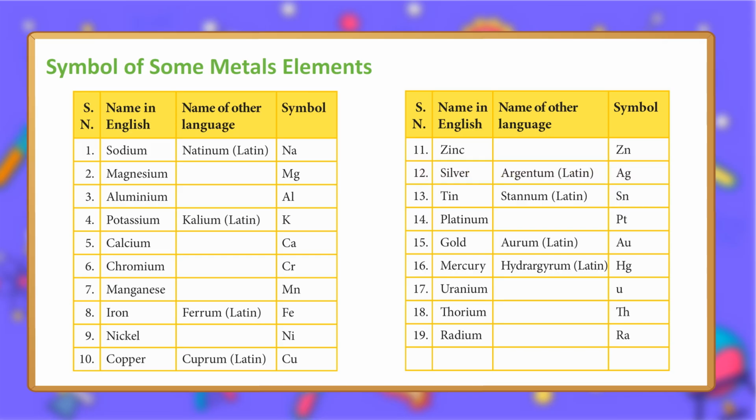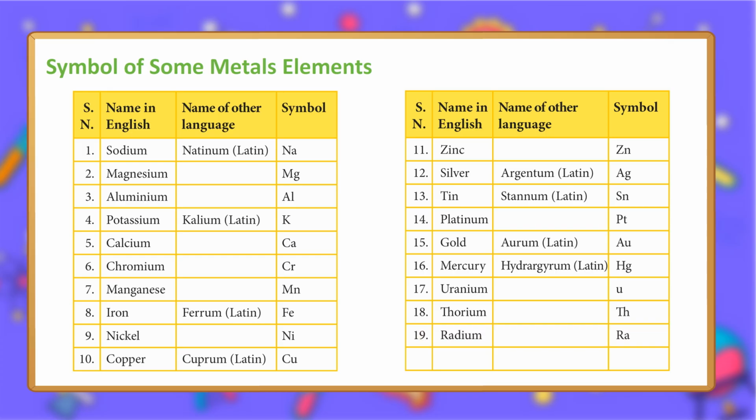Silver, Argentum, Latin, Ag. 13. Tin, Stannum, Latin, Sn. 14. Platinum, Pt. 15. Gold, Aurum, Latin, Au. 16. Mercury, Hydrargyrum, Latin, Hg. 17. Uranium, U. 18. Thorium, Th.